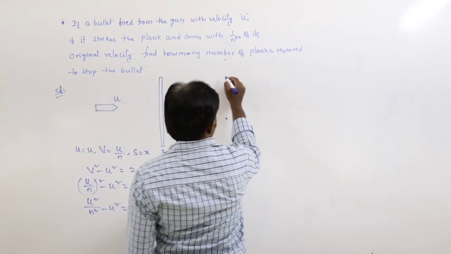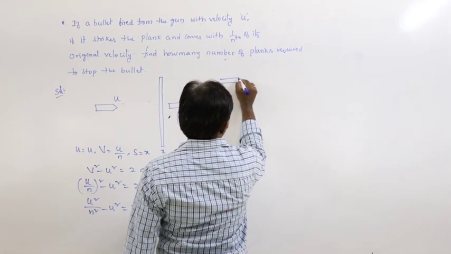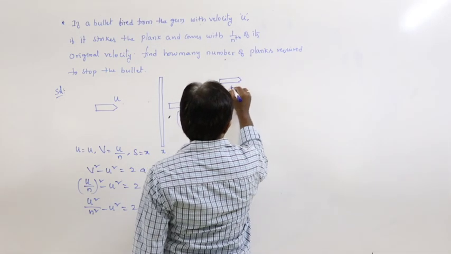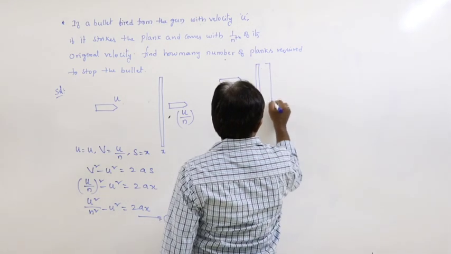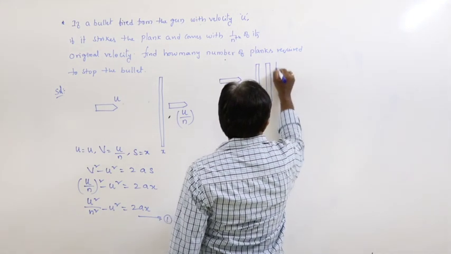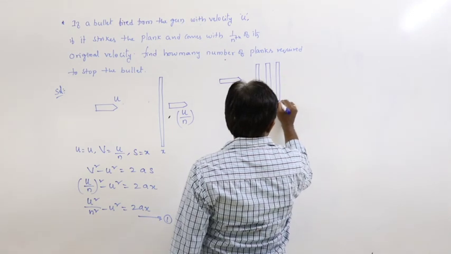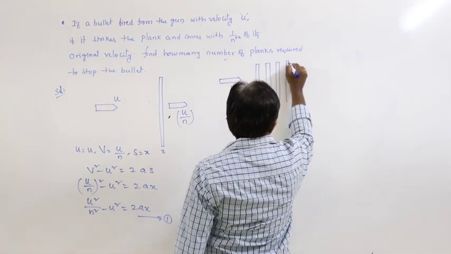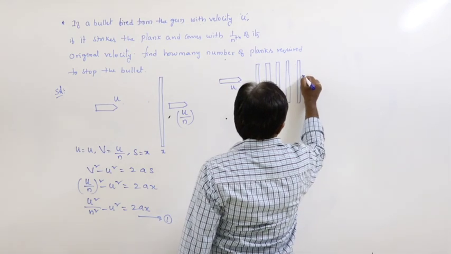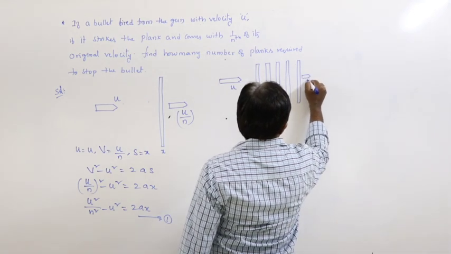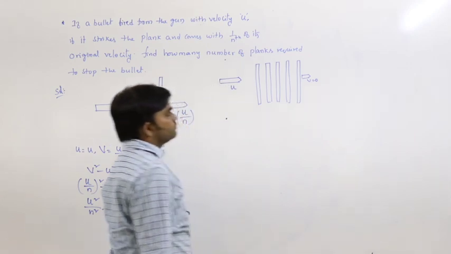Next condition. The bullet travels with velocity u. If a number of planks of equal thickness are arranged like this, after striking them the final velocity becomes 0.